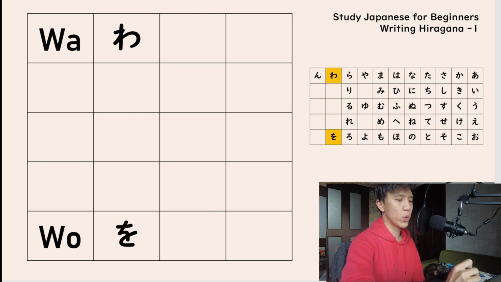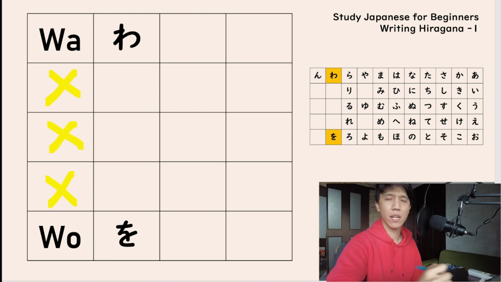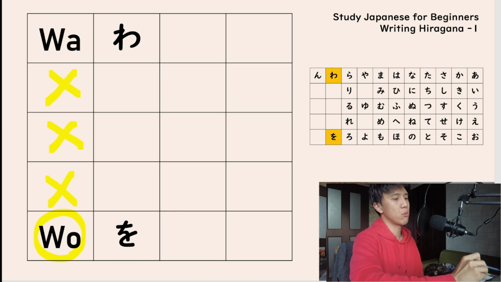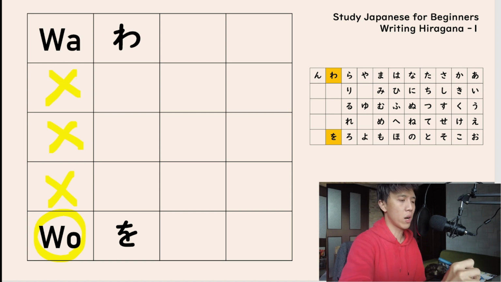The next row is wa and o. So we don't have wu, we don't have we here, and here we don't say wo, we say o. So we use wa and o. Okay, wa is the usual one.